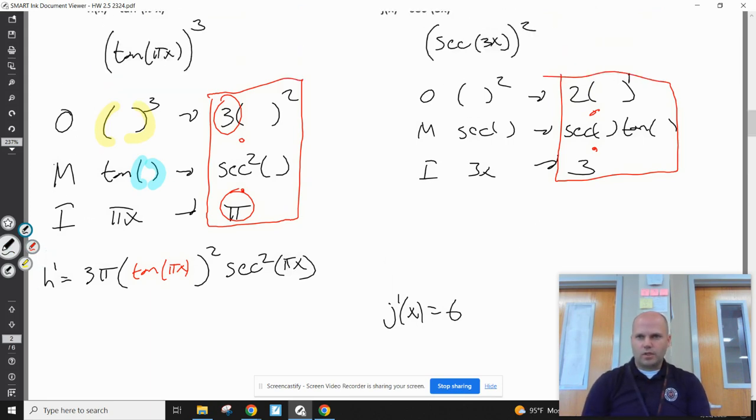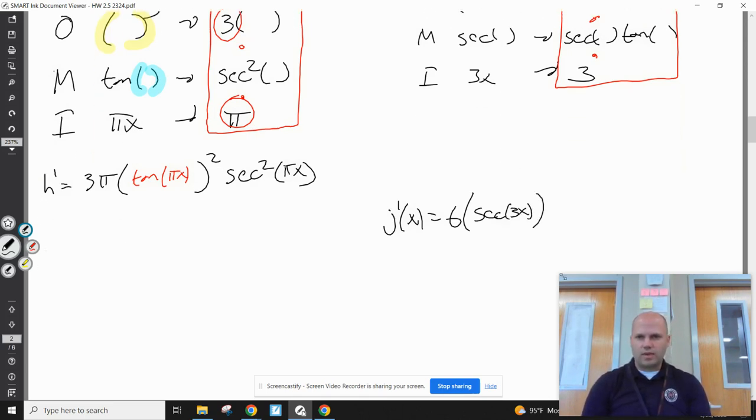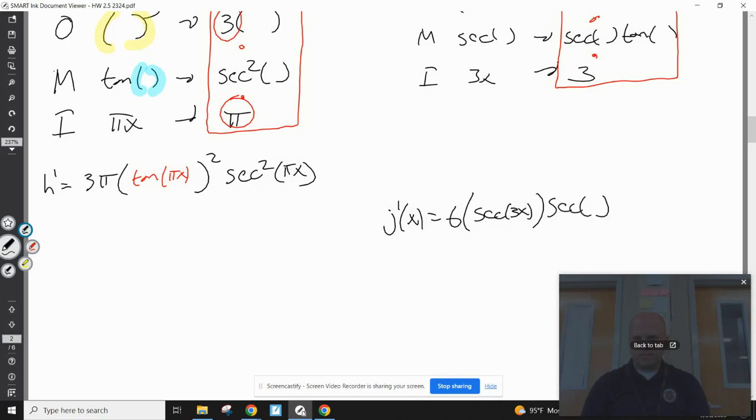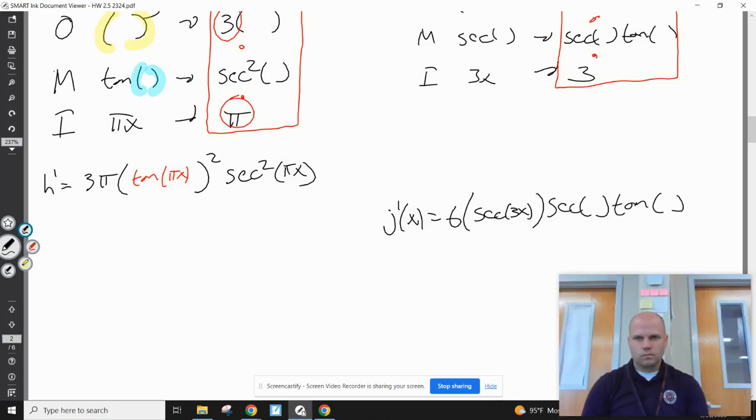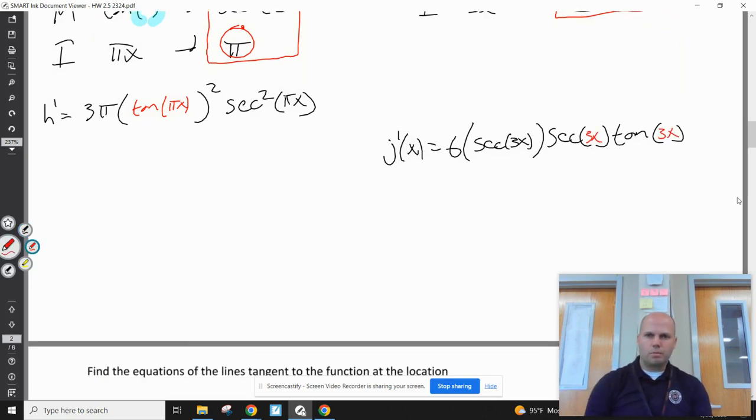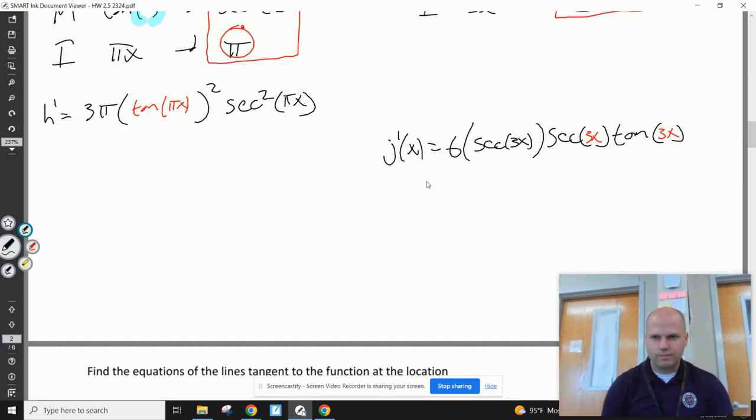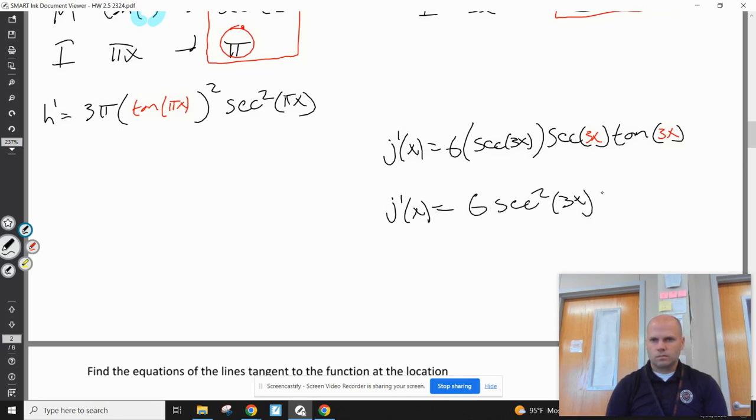Parentheses to the first, so big parentheses at secant 3x to the first. Then I have secant 3x, tangent 3x. If anything, you would be expected to understand that secant 3x times secant 3x is secant squared 3x. Cool.